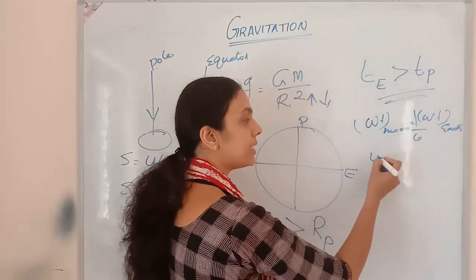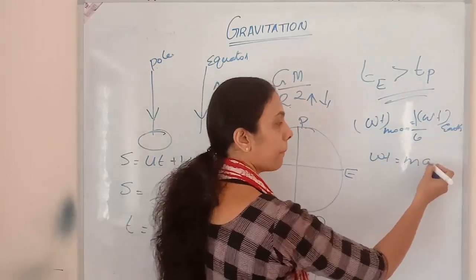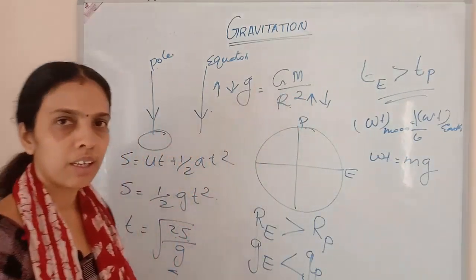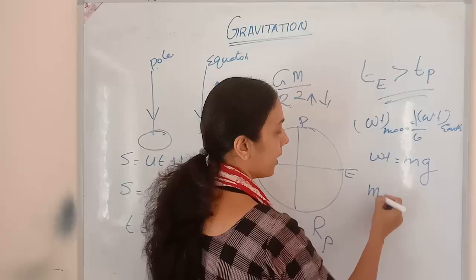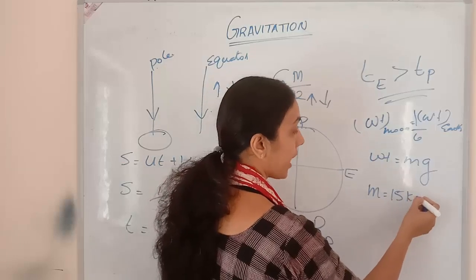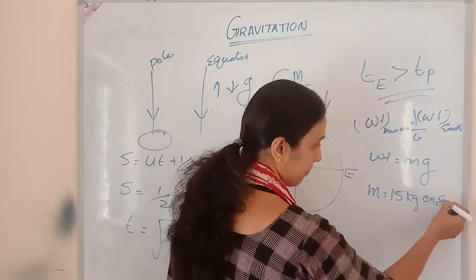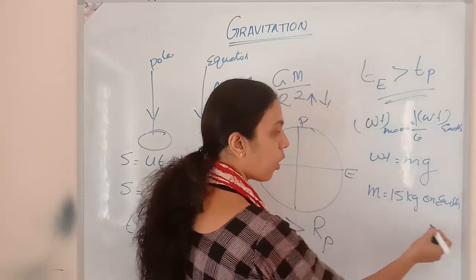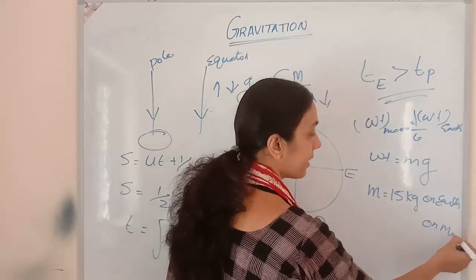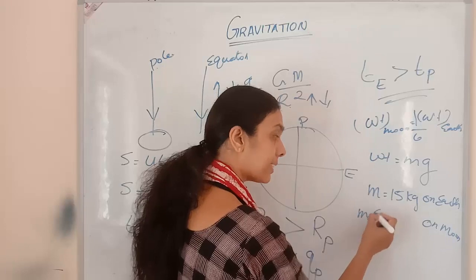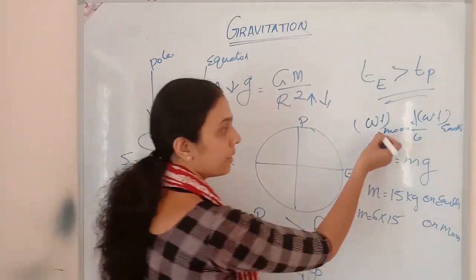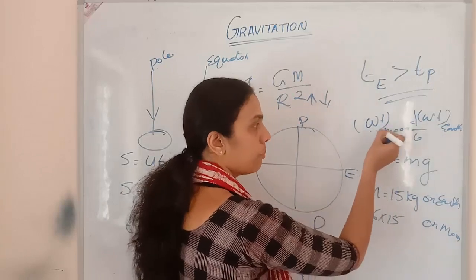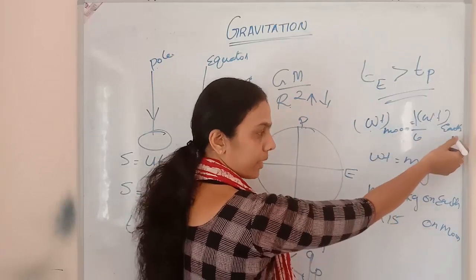Weight is a factor which depends on mass and acceleration. If he can take a mass of 15 kilogram on earth, how much can he take on the moon? He can take 6 times more than this, because weight on the moon is 1/6 of weight on earth.